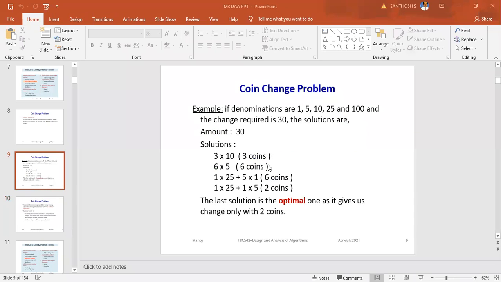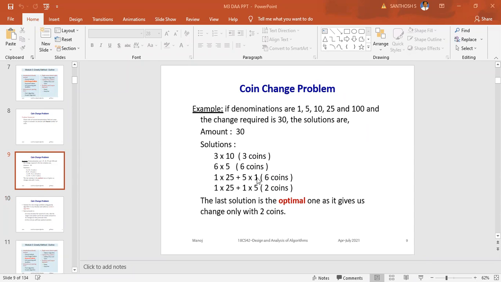25. Okay. So if you're taking 25, what is the denominator amount you have? 30. Okay. So 25, 1 and the remaining, how much do you want? 5 rupees. So for 5 rupees, you can take 1 rupee, 5 coins, or you can also take 5 rupees, 1 coin.